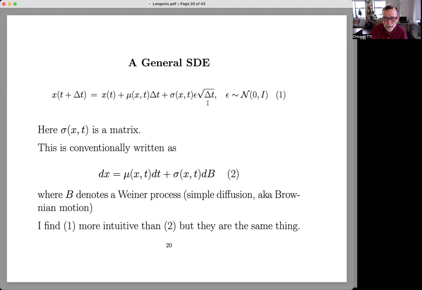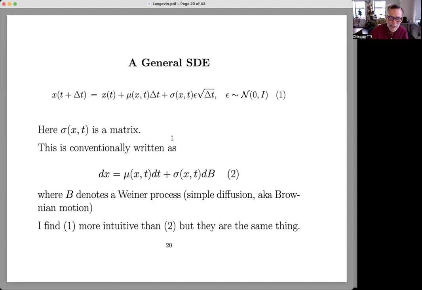It's a continuous function at any finite delta t. As delta t goes to 0, delta x goes to 0, but it goes to 0 at the rate of the square root of delta t, not delta t. So it has no derivative. It's everywhere continuous and nowhere differentiable. This is usually written as dx equals this times dt plus this times dB, where dB is the differential of the Brownian motion.